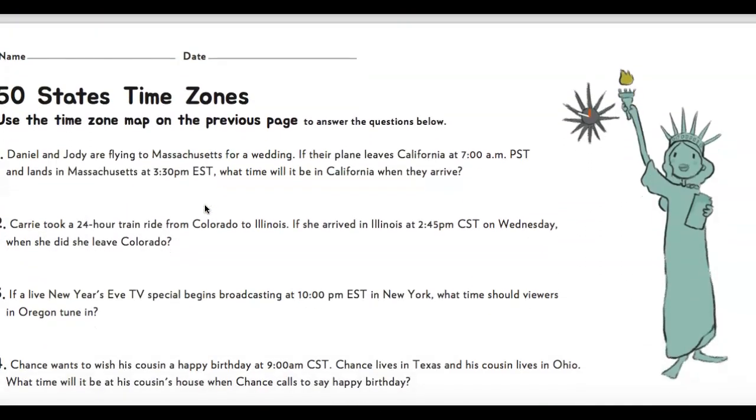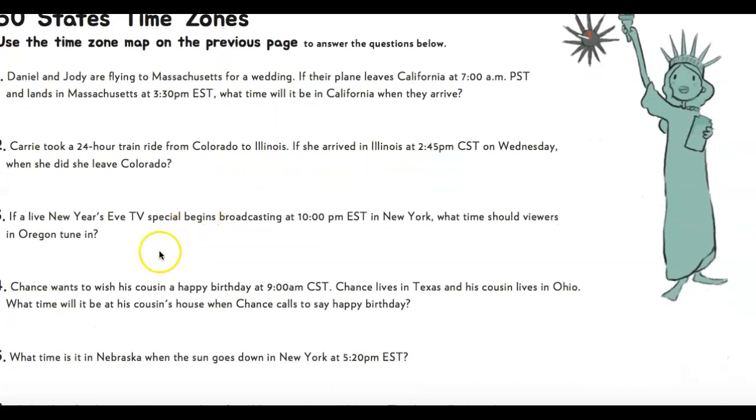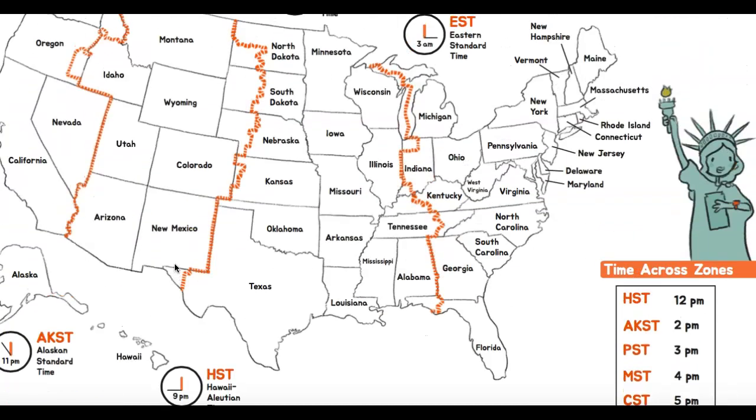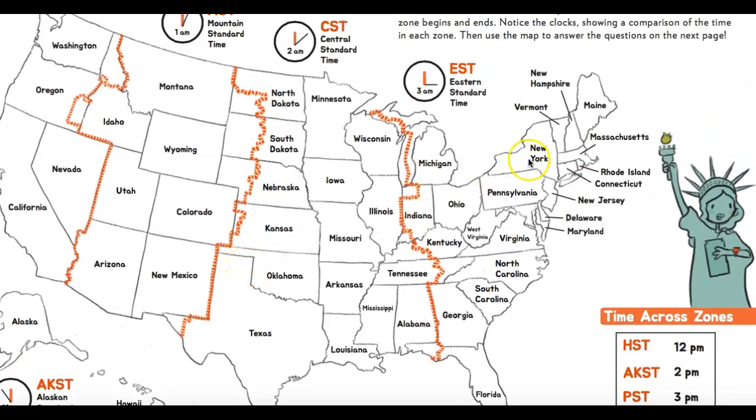So that's number 2. Let's look at 3. If a live New Year's Eve TV special begins broadcasting at 10 p.m. Eastern Standard Time in New York, what time should viewers in Oregon tune in? Okay, so 10 p.m. in New York. Here's New York. Oregon is way over here, and it is 1, 2, 3 time zones difference.